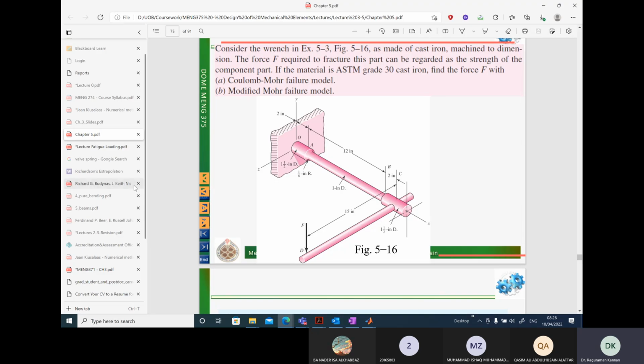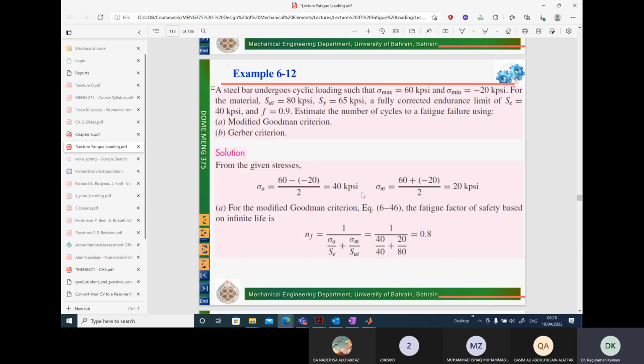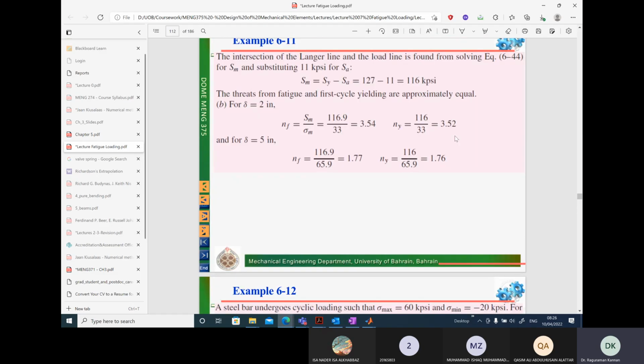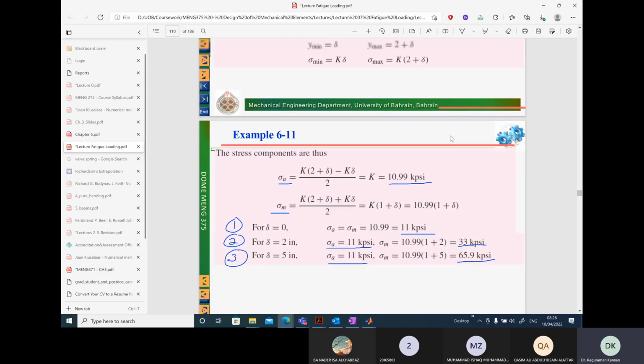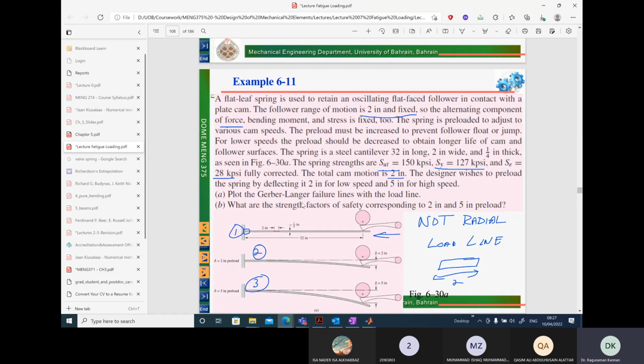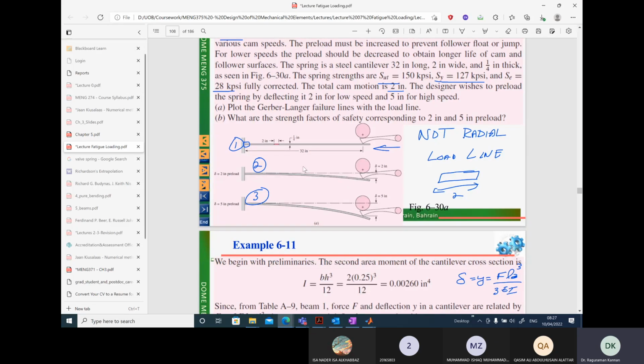Okay, so let's continue from last class. In the previous class, we went through a problem on fatigue. The fatigue problem involved, if you recall, identifying the load line.